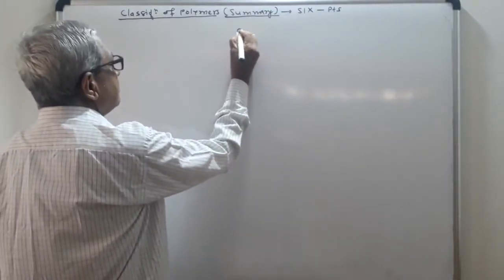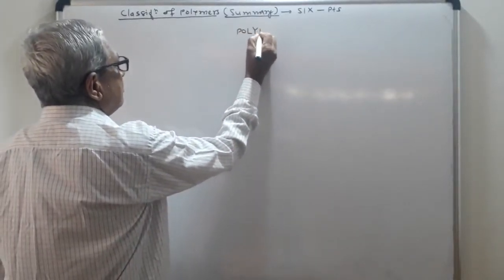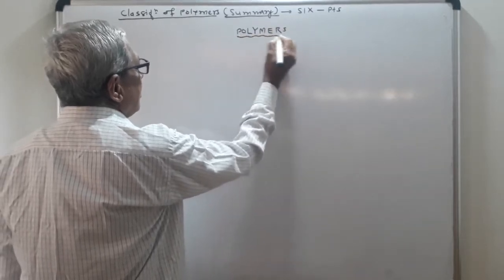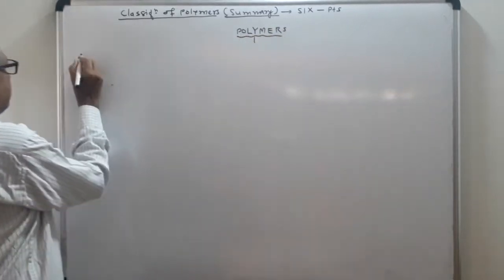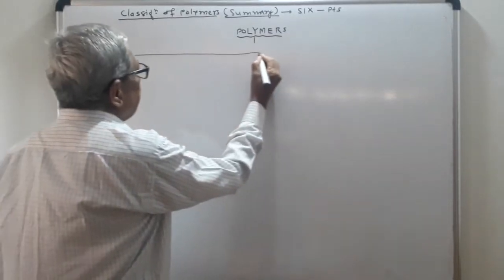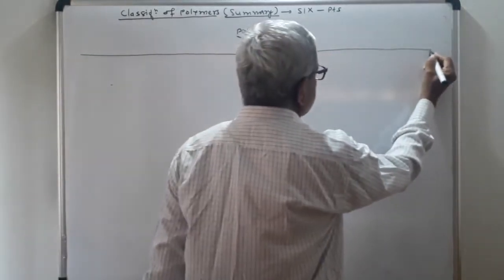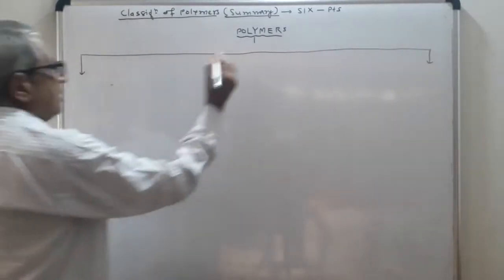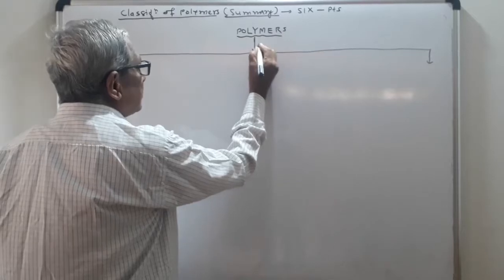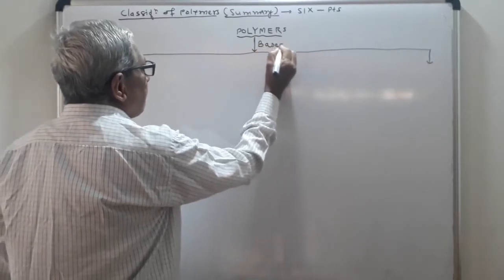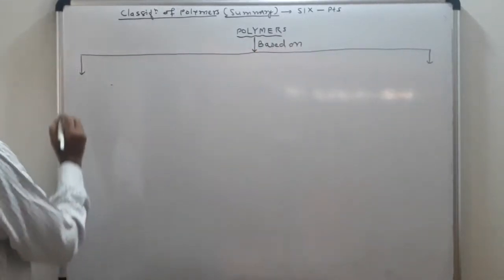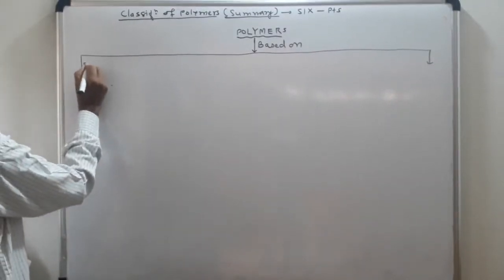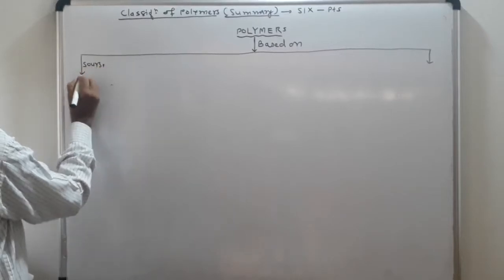See here, polymers: these are classified based on the source, and these are classified into 3 types.